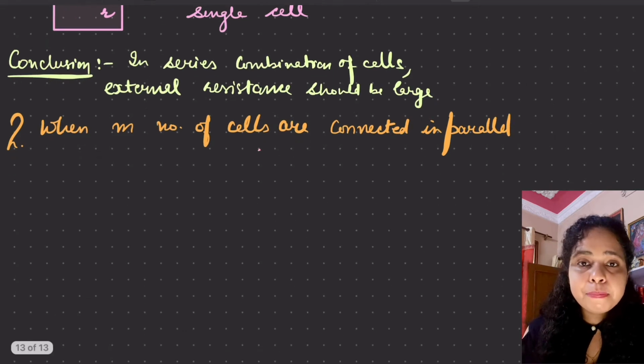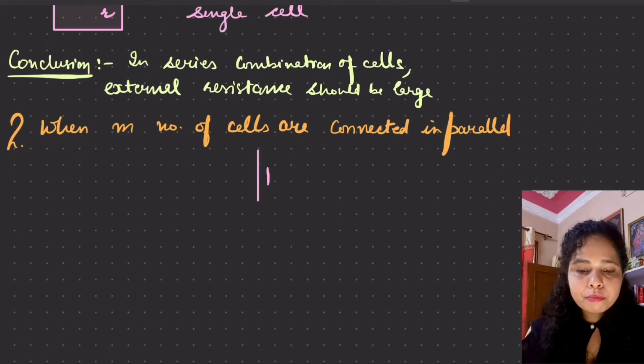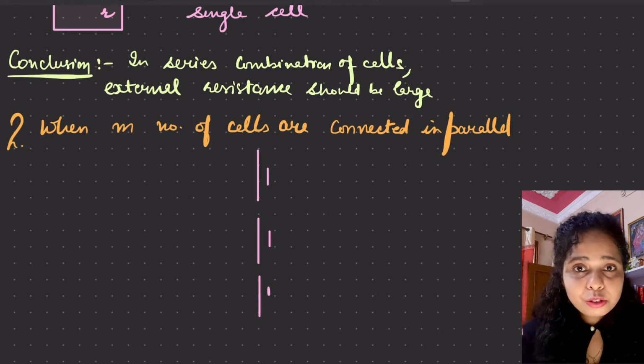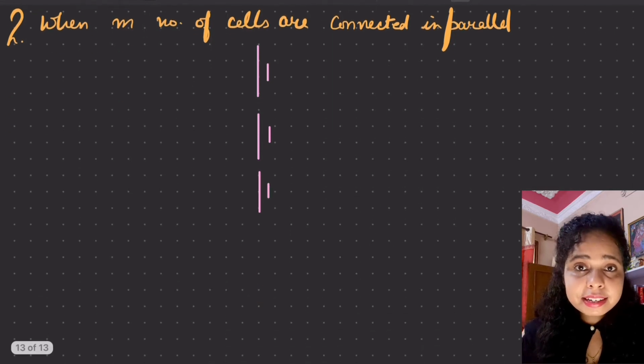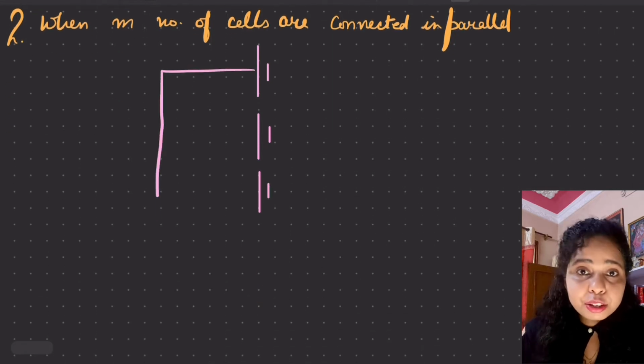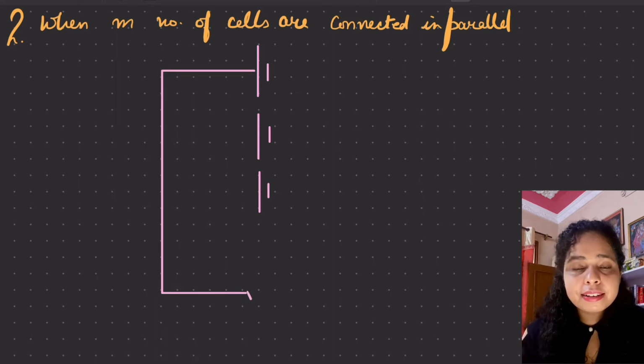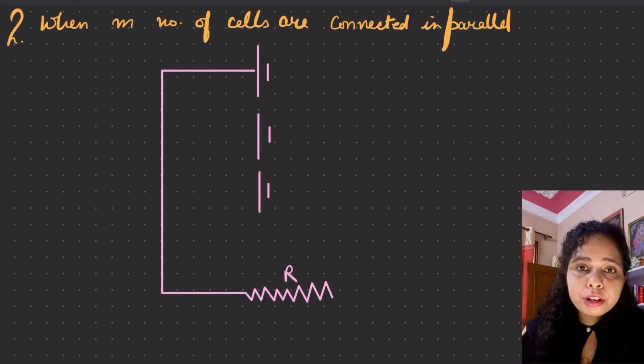Let us complete the diagram. We will also attach external resistance capital R in series with the parallel combination of cells.